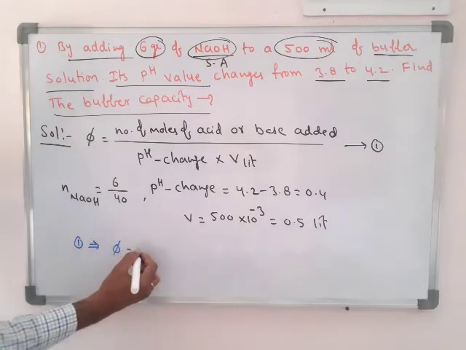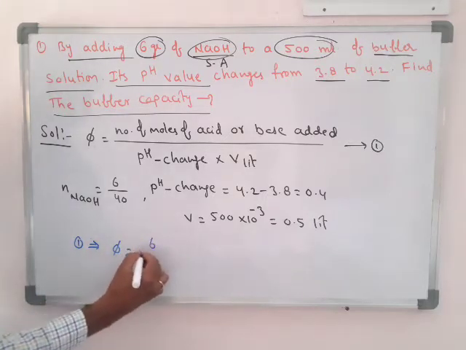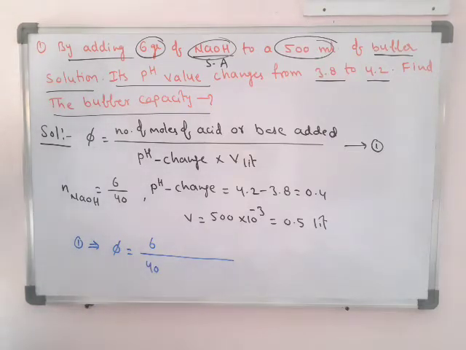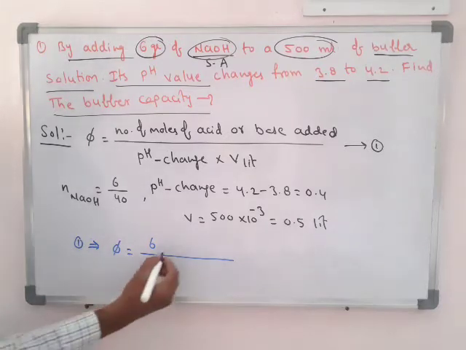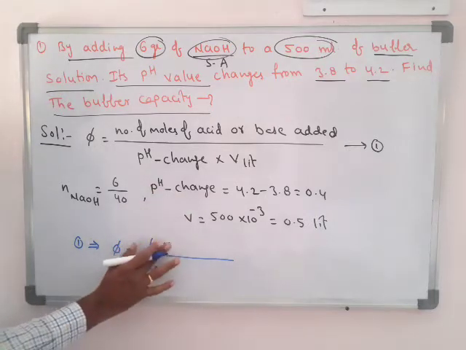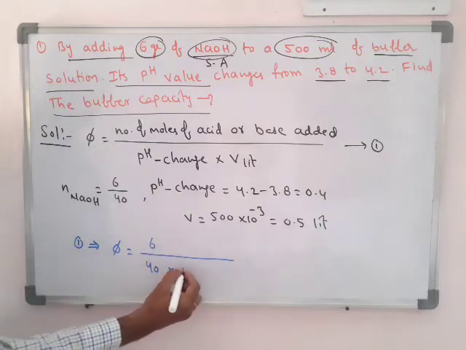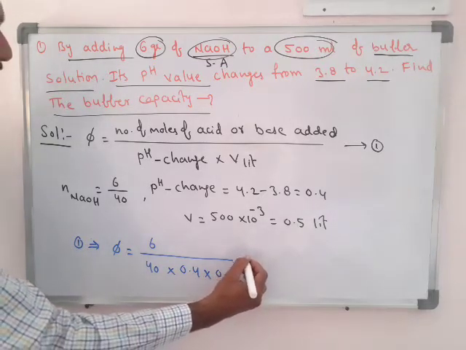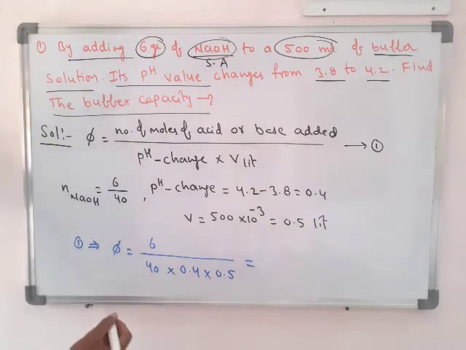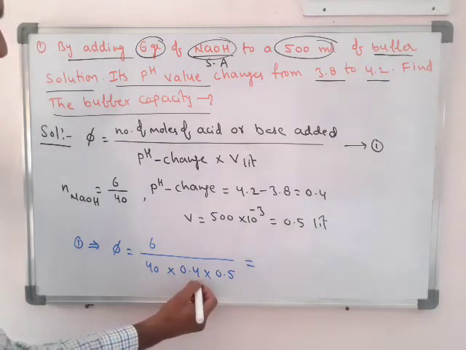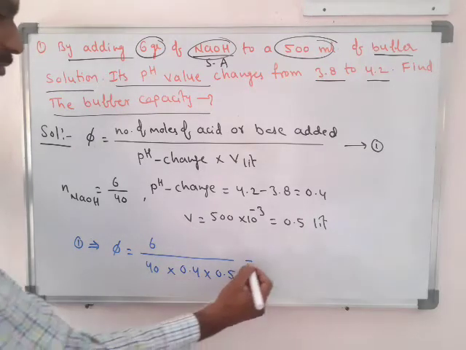The buffer capacity phi is equal to the number of moles added, weight by molecular weight, 6 grams is added. Okay, next, sorry, what is the pH change? 0.4. What is the volume? 0.5. So on this calculation, make it by 10.